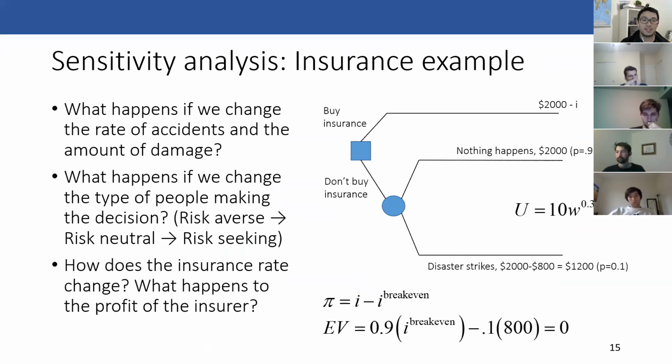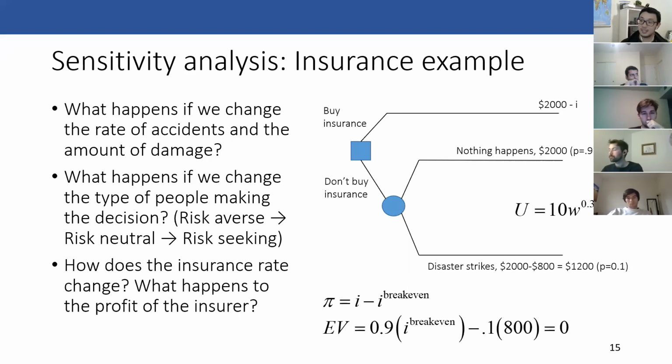So again, going back to our insurance example from the end of class in last lecture. Again, you can do variation on specific parameters. And this time, we're actually going to change not just the payoffs or expected payoffs, but you can also change the rates of a particular incident happening.